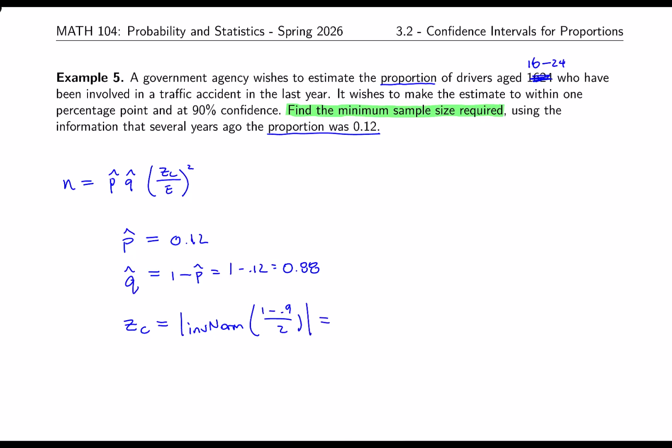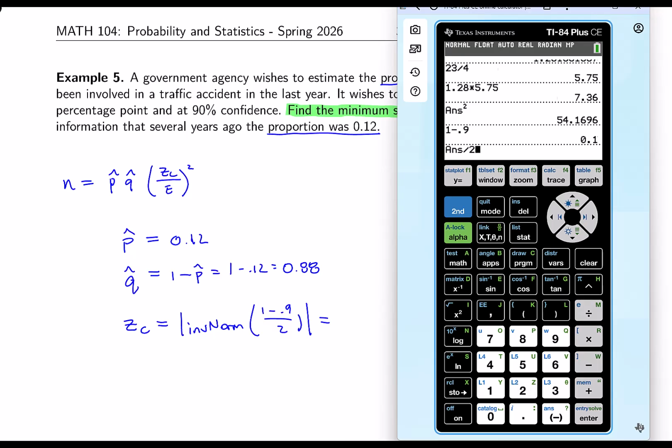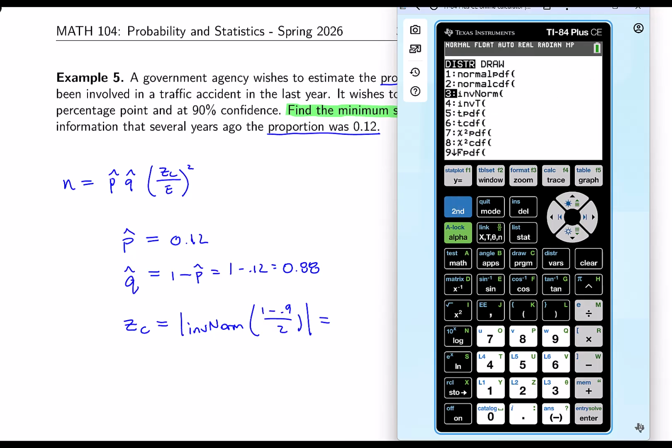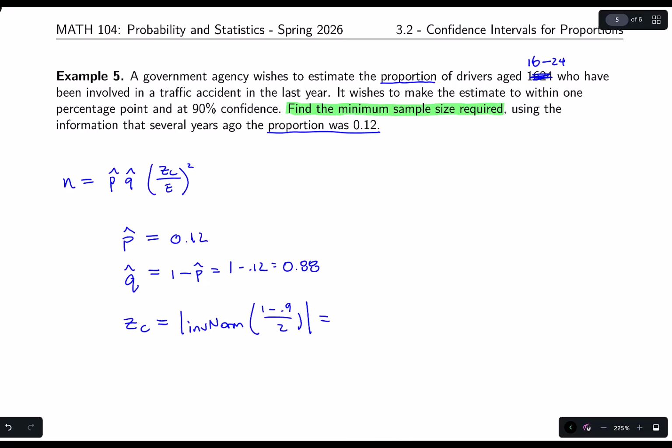And so 1 minus 0.9 over 2 is 0.05. And then we put that into inverse norm, and we come up with 1.645.